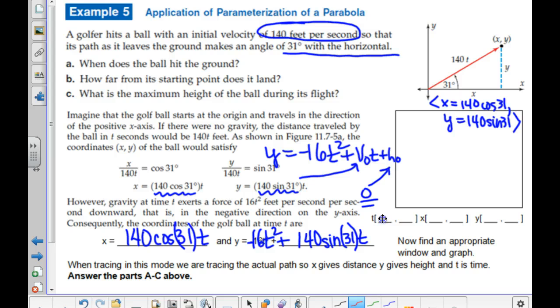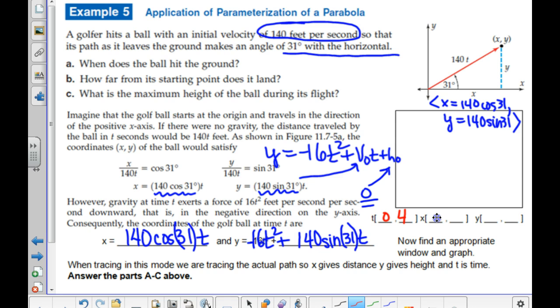Sure. 2, 3, 4. We could try 4, okay? I wouldn't start out with 10 because do you remember the calculator has to calculate all this stuff and it takes forever? If it stops in midair, then you know you need to add a little more time, right? So I would start with something small. This is a golf ball. I think it's going to go pretty far.